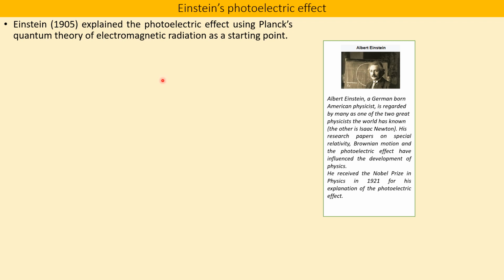His research papers on special relativity, Brownian motion, and the photoelectric effect have influenced the development of physics. He received the Nobel Prize in Physics in the year 1921 for his explanation of the photoelectric effect.